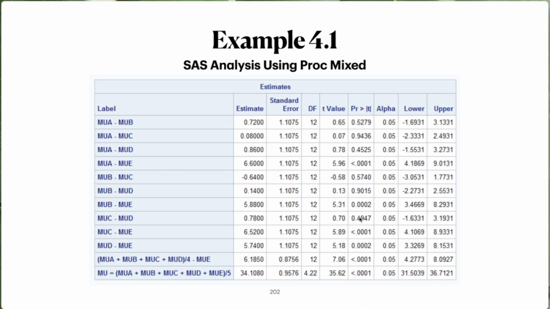We also have the p-values, where the null hypothesis for each one would be that the corresponding linear combination of the treatment means is equal to 0. Just as we performed these hypothesis tests, that's what these p-values are testing. If you compare the results on this slide with what we got by hand, you'll see that we have the same results.